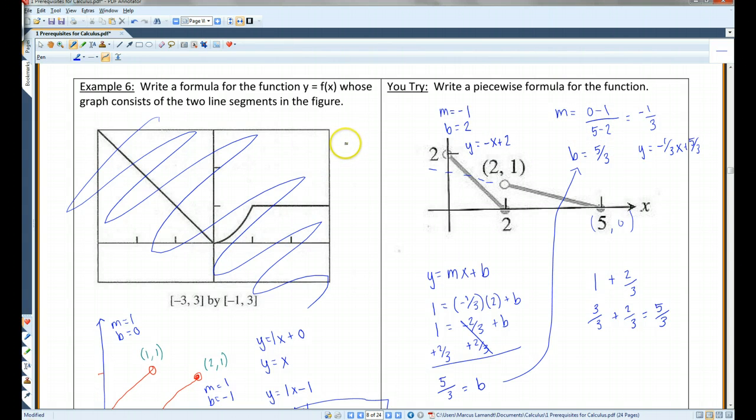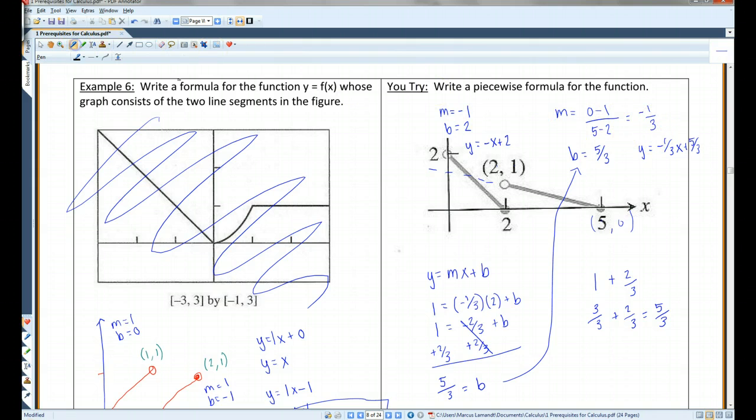Hopefully you guys remember this equation. This is your rise, this is your run. So I subtracted y2 minus y1 over x2 minus x1. And that's how I got my slope, -1 over 3.